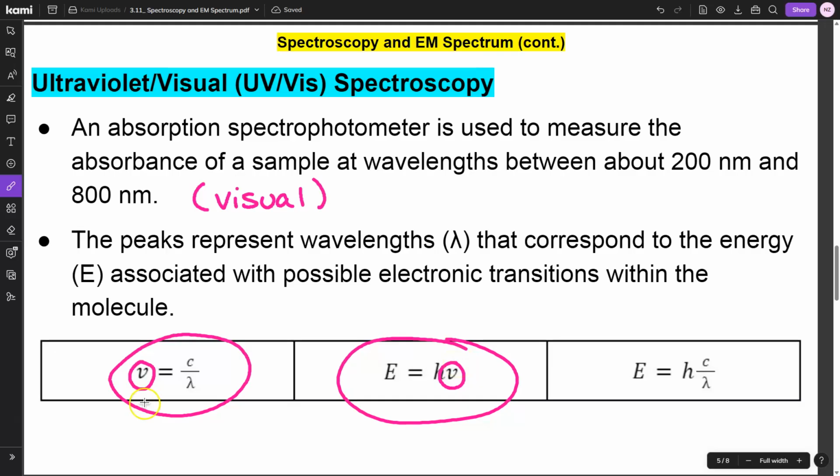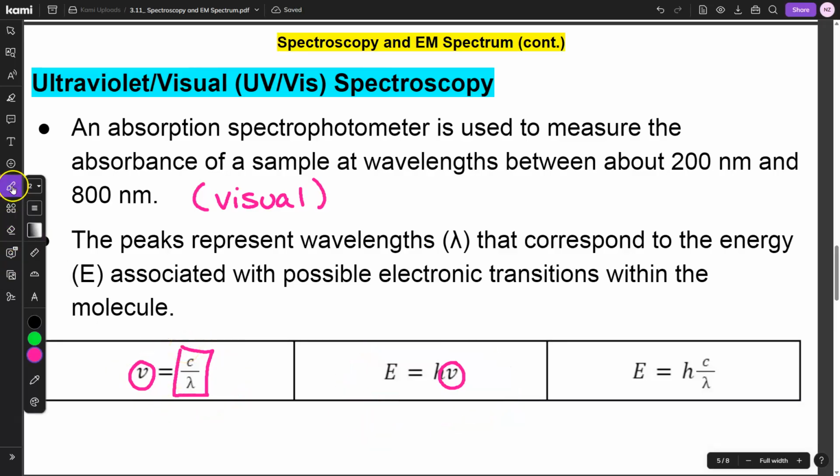So I can actually substitute in my speed of light over my wavelength for my nu here, and I get a single equation over here. So it's not actually three separate equations. I'm just doing a little bit of substitution in my energy equation so that I can represent my frequency as speed of light over wavelength instead of frequency. So if I have a wavelength, I can solve for energy using this equation right here.